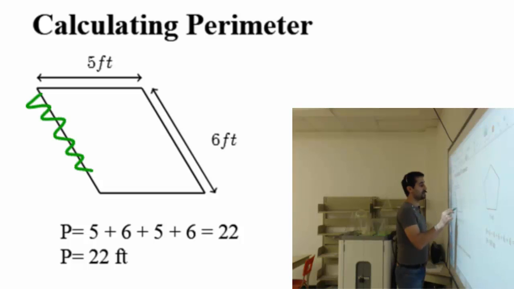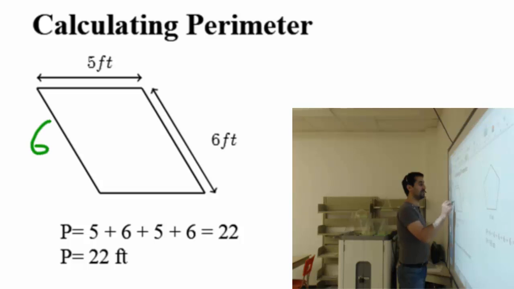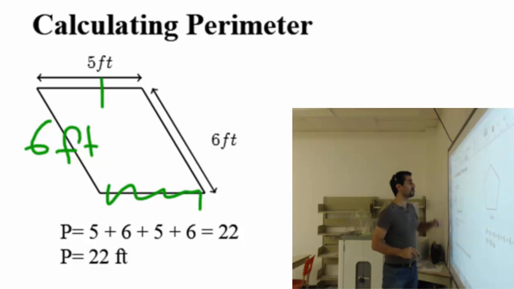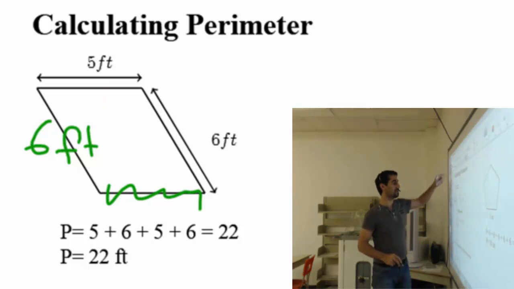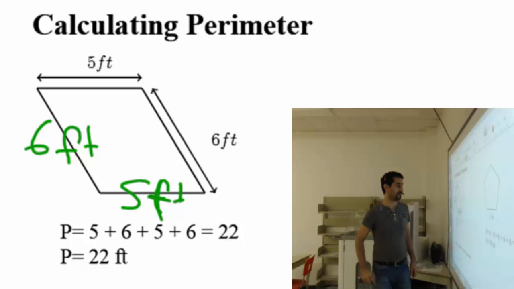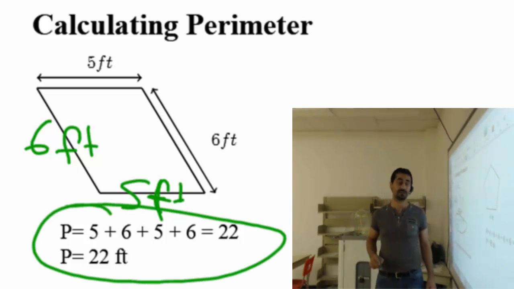And that's supposed to be the same in a parallelogram. So that is also 6 feet. And this is supposed to be the same as the one on top. So that's supposed to be 5 feet. So all we have to do is add the sides together.